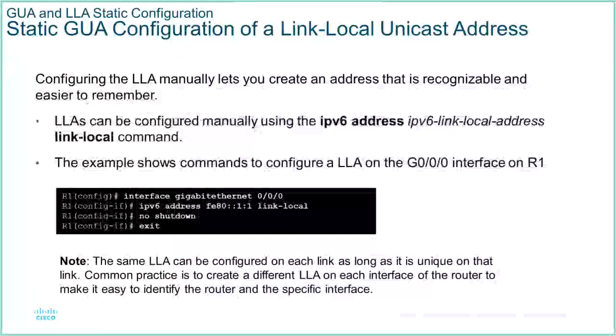So link-local unicast addresses are there. We can assign them, but generally speaking, these will be automatically generated. But if you want link-local addresses that are easy to remember, you can manually override these.